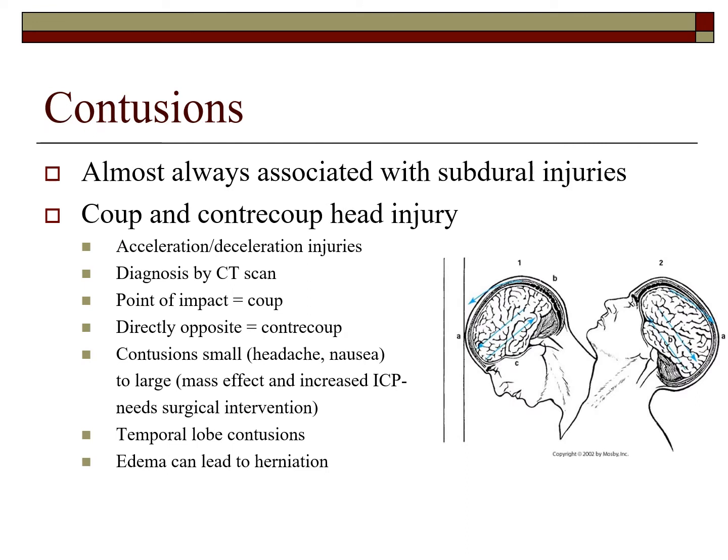So here's a little more on contusions. Contusions are typically associated with subdural injuries. We'll talk about subdurals in a moment. And contusions can also occur in a pattern called coup and contrecoup. So let's see an individual striking their forehead on a stationary object. You see the brain shift forward and become bruised or contused in the front.